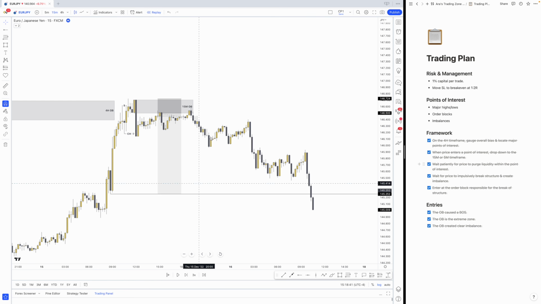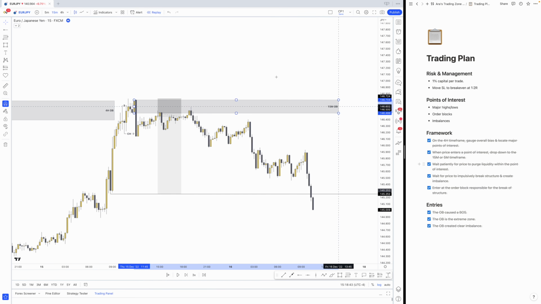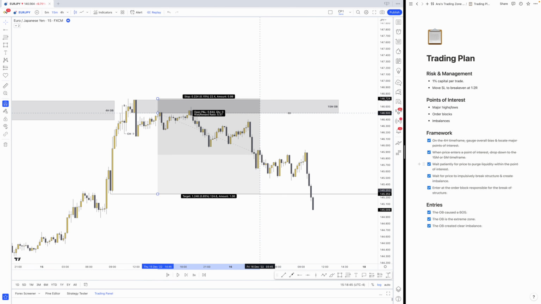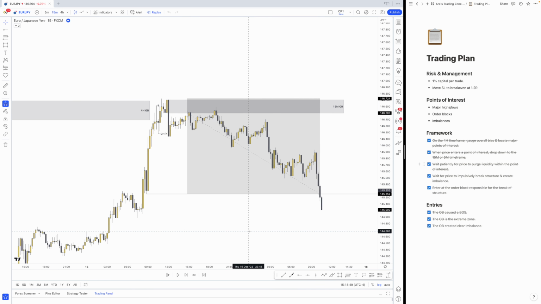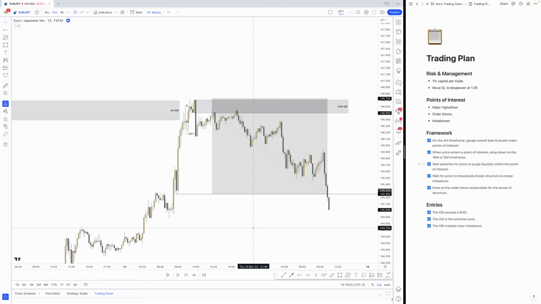Okay, so it did inevitably hit the take profit. It took a lot longer than expected, but no structure was violated, so the trade idea remained intact the whole time. So this is a good example of a higher time frame continuation trade, and it played out perfectly after fitting all the criteria of our step-by-step trading plan.